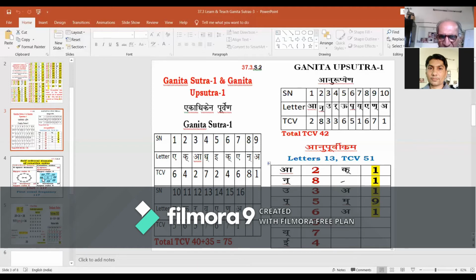Now, it is in this background of this integrated domain of Ekadhikena Purvena followed by Anurupyena, which is synthesizing a Vedic mathematical rule, it is Anupurvi Kram.